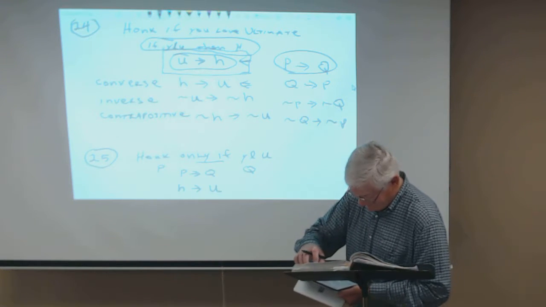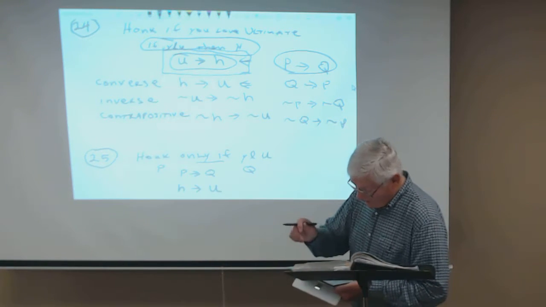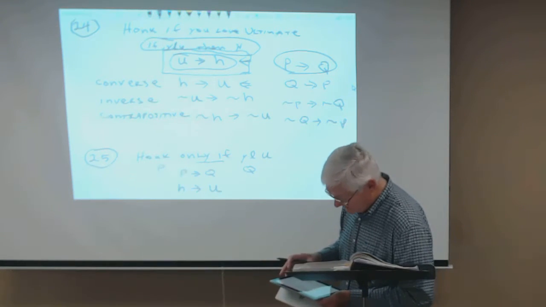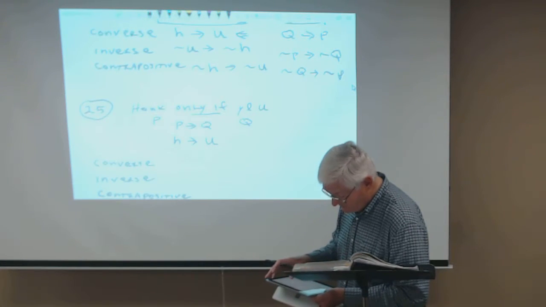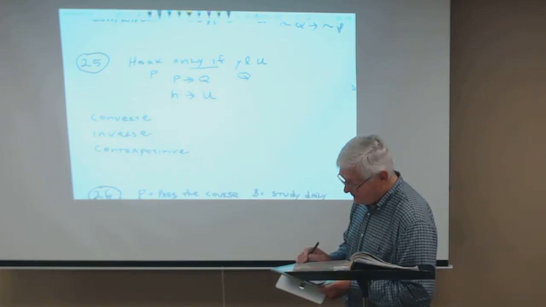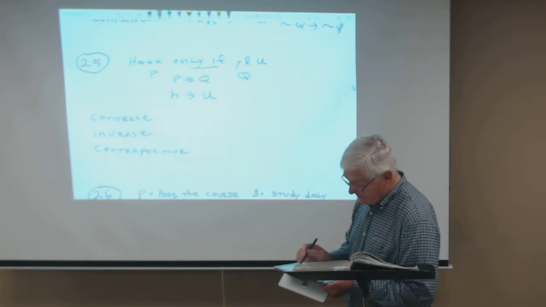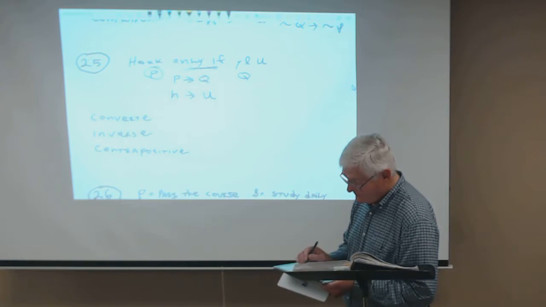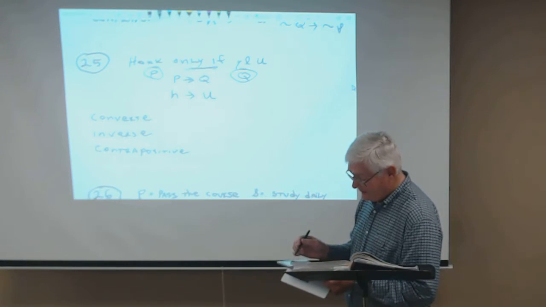Number 25. Oh, I think we've done an only if, so let's move down here to 25. Honk only if you love ultimate. So P only if Q. So what would that be?